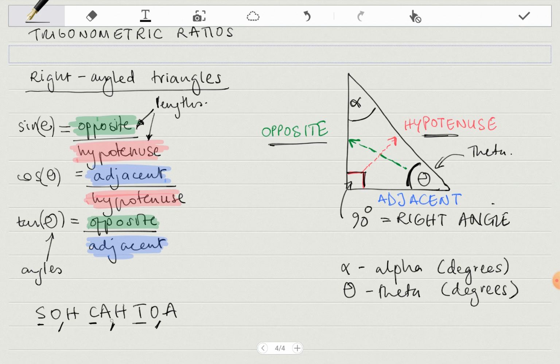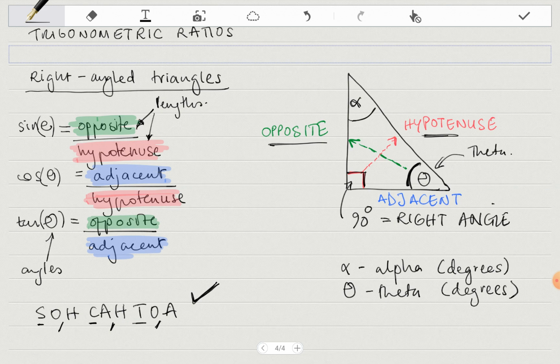So we've got three here: sine, which is opposite over hypotenuse, cosine, which is adjacent over hypotenuse, and tangent, which is opposite over adjacent. That's an easy way of trying to memorize the trigonometric ratios.